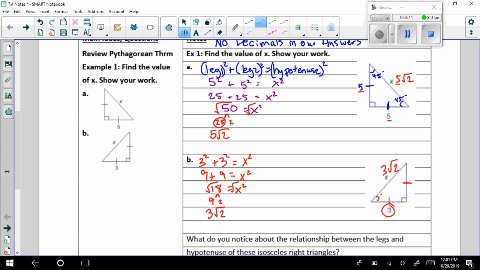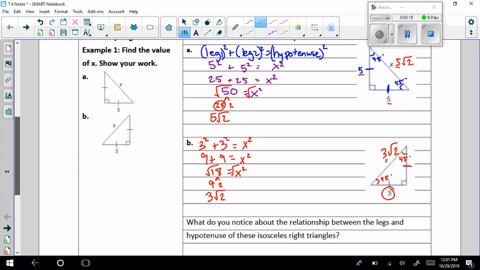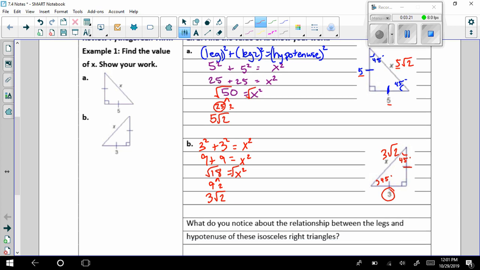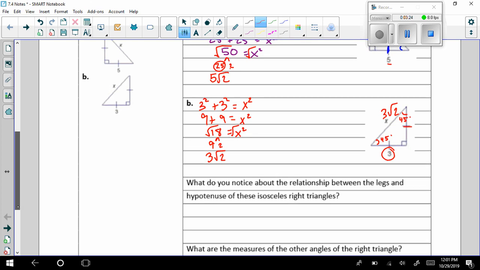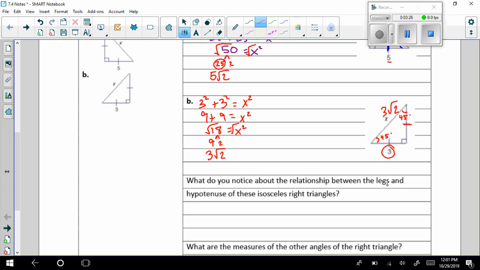So every time we have a 45, 45, 90 triangle, what do you notice about the length of the legs and the length of the hypotenuse? The relationship between the legs and the hypotenuse in these isosceles right triangles, which is a 45, 45, 90 triangle.